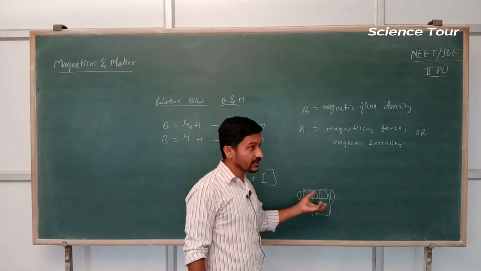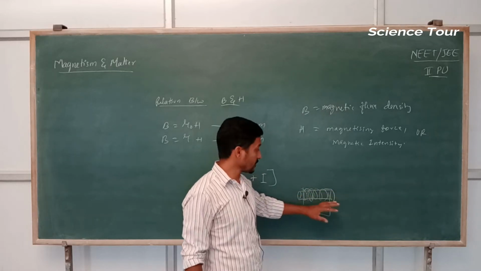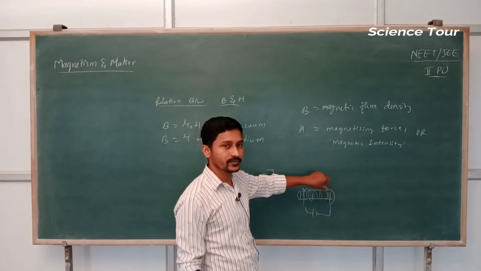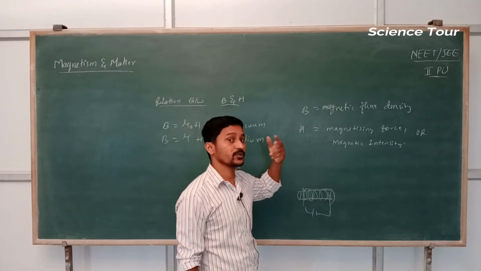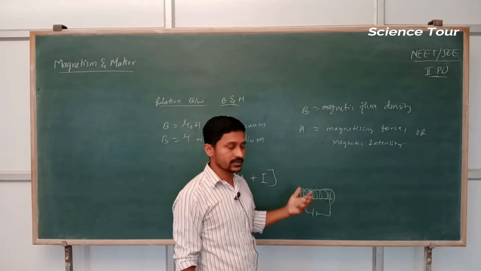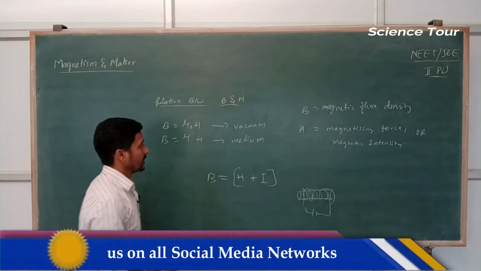Inside, all the domains or atoms arrange in such a way that they develop their own magnetization, which is M by V, or magnetic moment per unit volume, that we have studied. So the total magnetic field becomes H plus I.